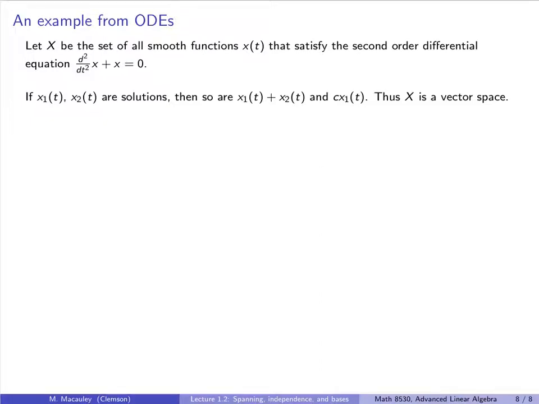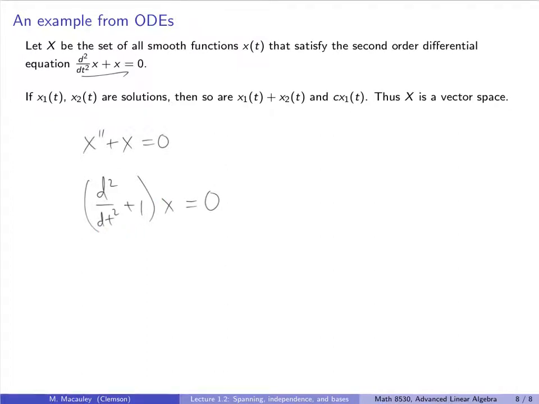Another way to think of this is, x double prime plus x equals 0. You can also think of it using this operator, d squared dt squared plus 1, applied to x equals 0. So this is literally the set of functions that are sent to 0 by this differential operator.